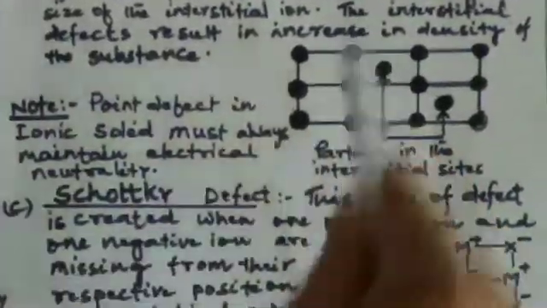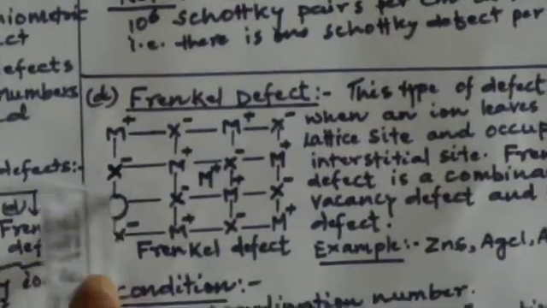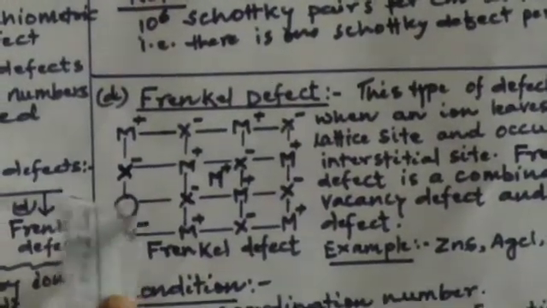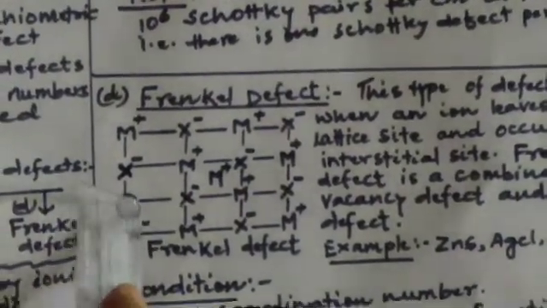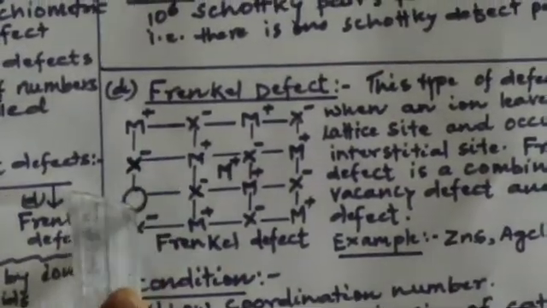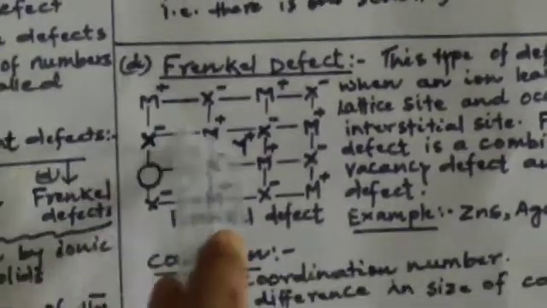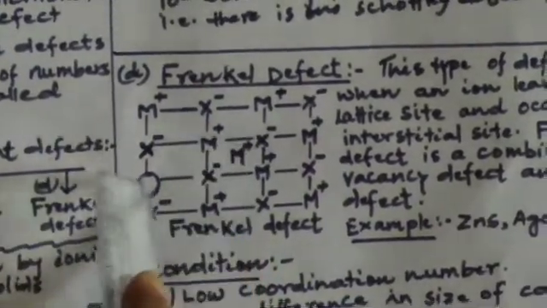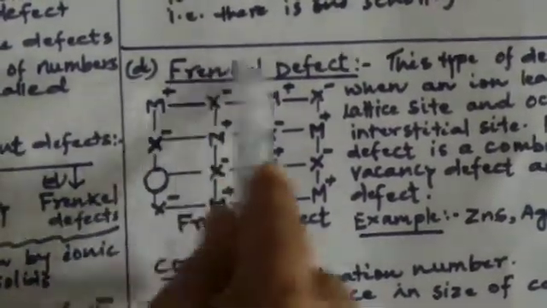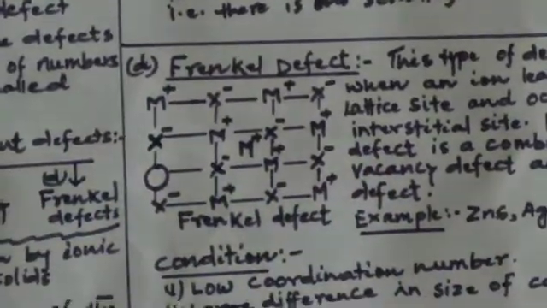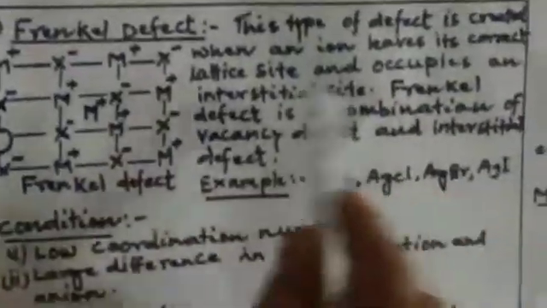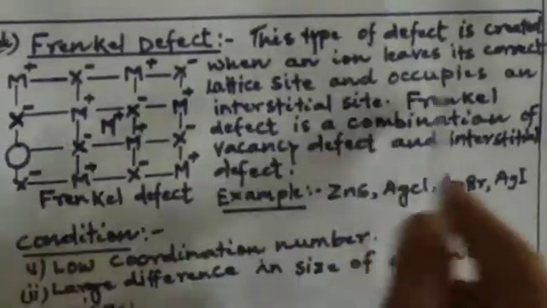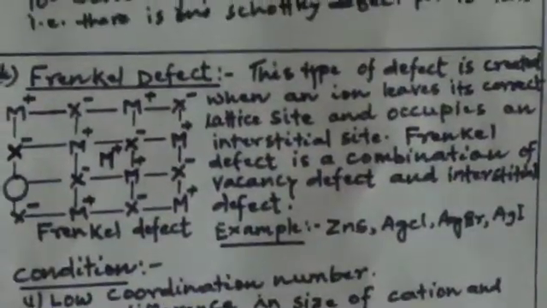That some extra particles are present in the interstitial site. Here you can see this is the normal lattice site which is not occupied by the cation, and the cation has shifted from here to the interstitial site. So it is interstitial defect, it is vacancy defect.